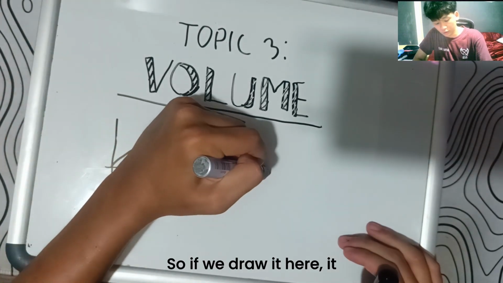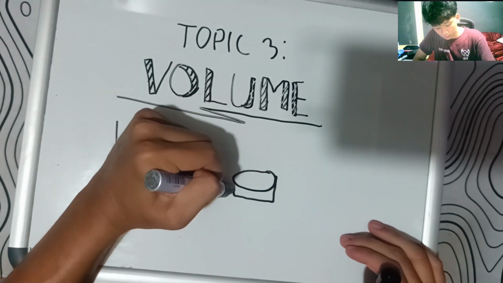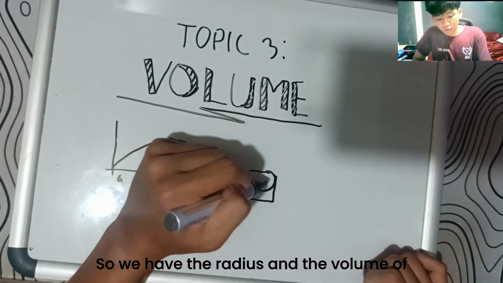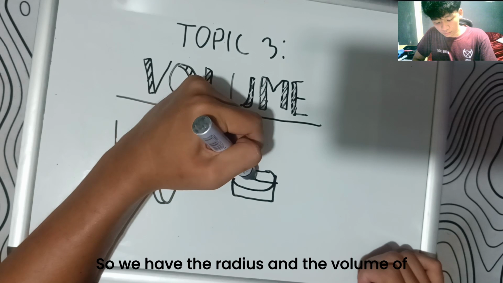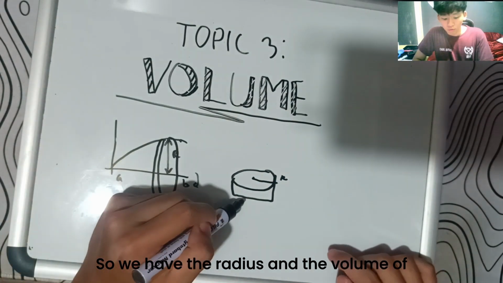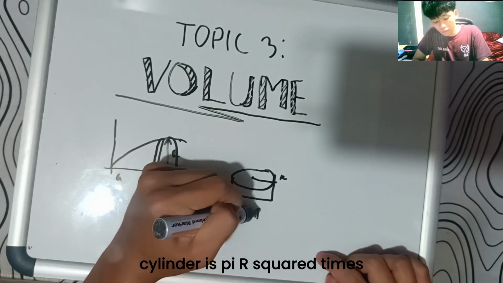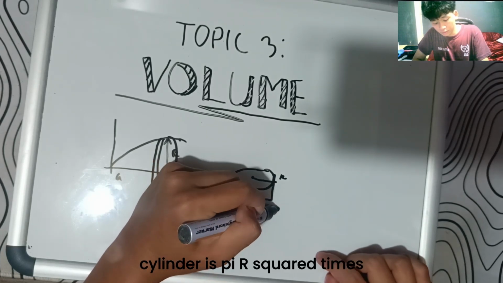If we draw it here, it looks like a cylinder, right? So we have the radius, and the volume of a cylinder is pi r squared times h.